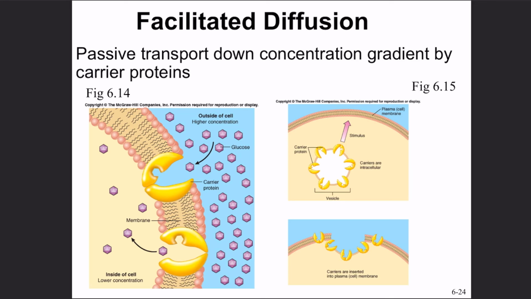Remember that these carrier proteins are still a form of passive diffusion, and so it's still going down its concentration gradient, meaning from high concentration to low concentration. The image on the right here shows a vesicle carrying carrier proteins to be distributed onto the cell membrane when more solute is required.